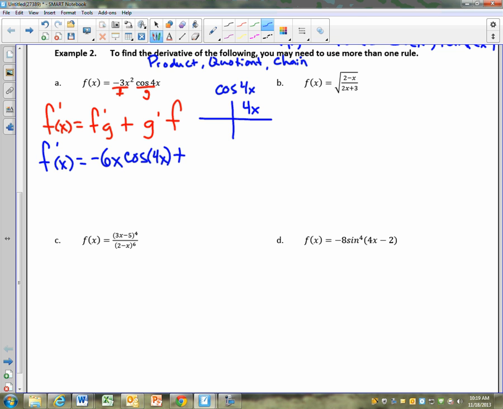What goes here? So that's negative sine of u and 4. Multiply them together, you get negative 4 sine of 4x times f. What's f?